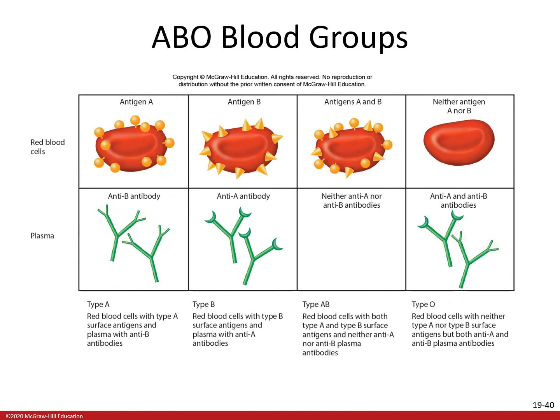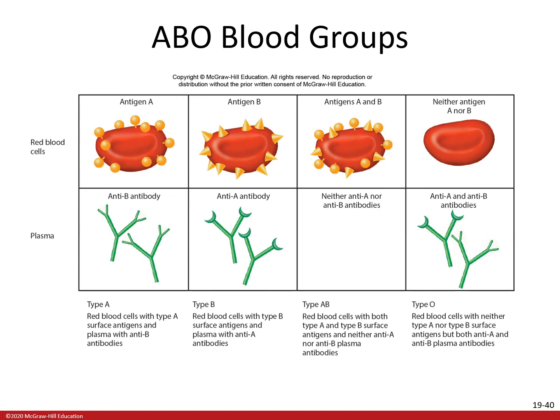So what we have first is going to be type A, that first column there. We can see that for our type A, we have red blood cells with type A surface antigens. And within the plasma, we're going to have anti-B antibodies. You'll notice that the anti-B antibodies have a specific shape and that they're not going to be able to attach to the antigen A, or the A antigens on the red blood cell's surface.